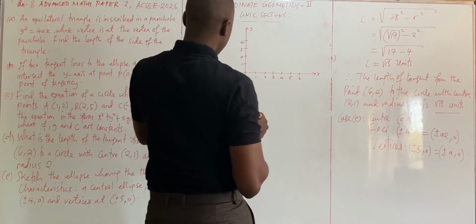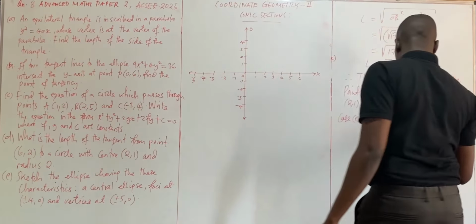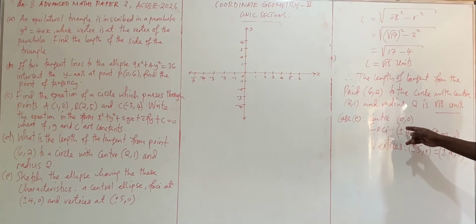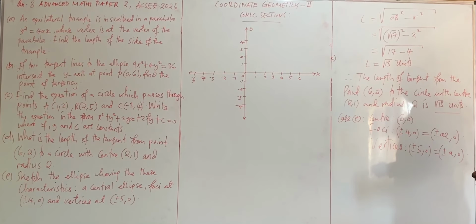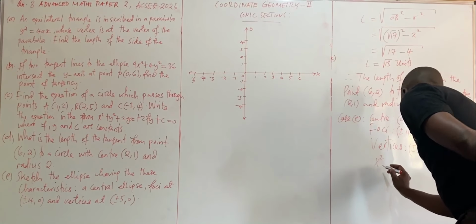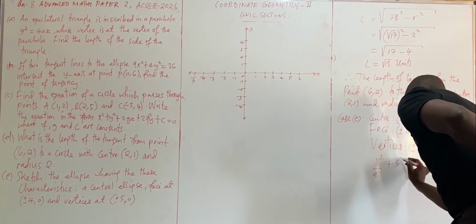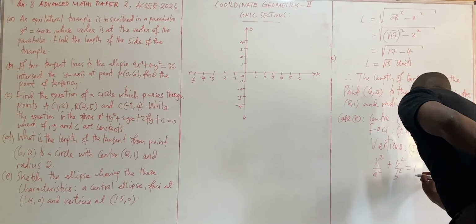Now the other thing that we need to know: we have understood that changes are made on the x coordinate, because the directrix is parallel to the y-axis. It means we need to know also about the minor axis, which is always determined through the value of the constant b from the ellipse concept. That is the ellipse we know here, x square over a square plus y square over b square equals 1.